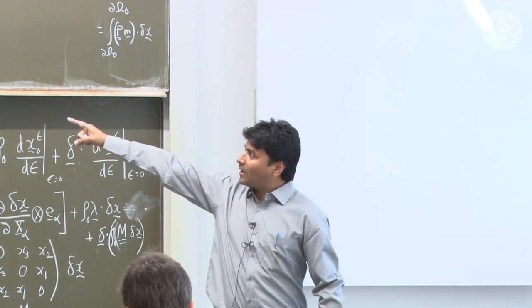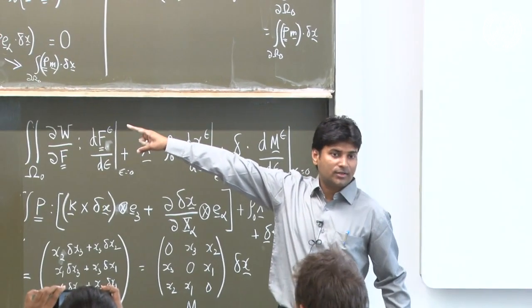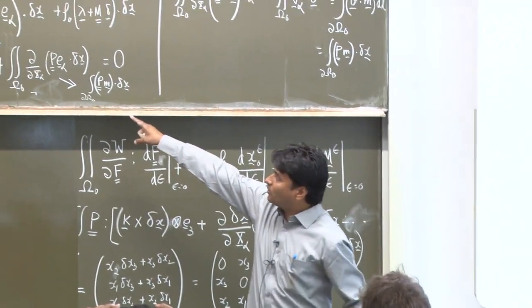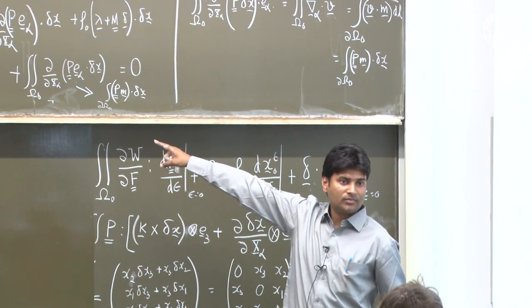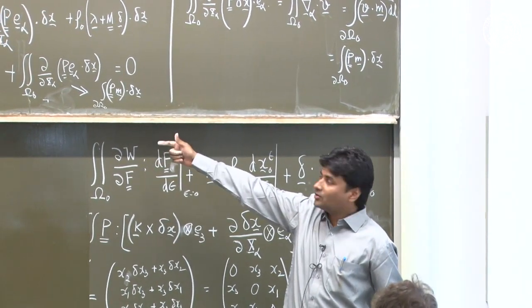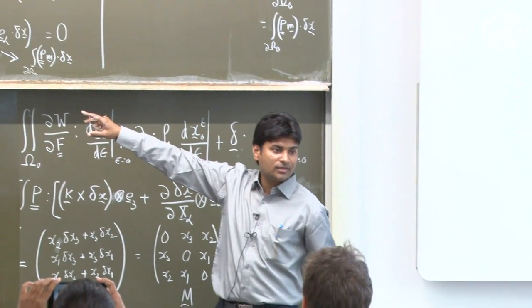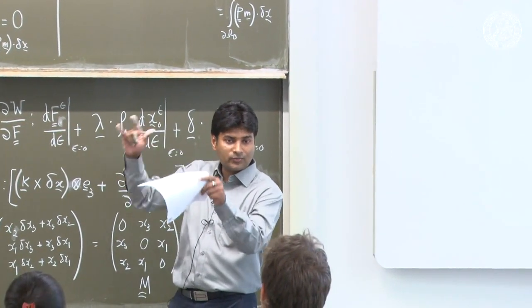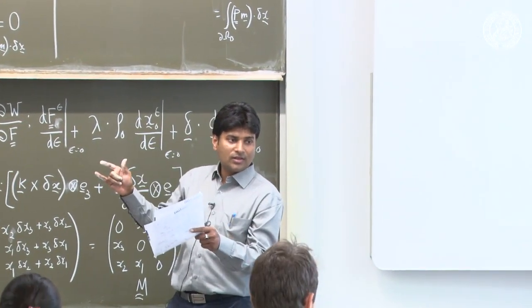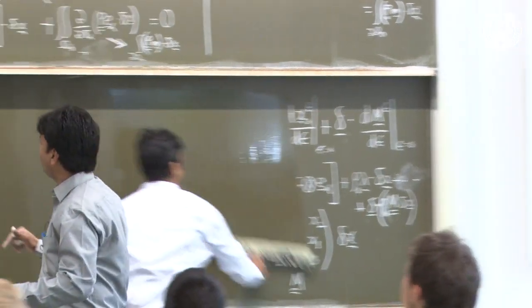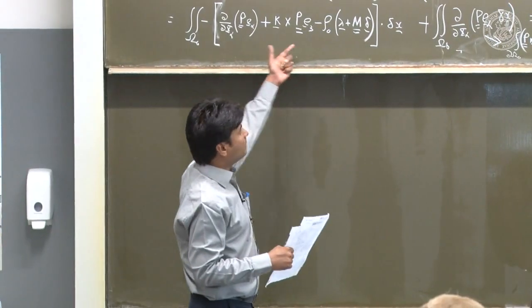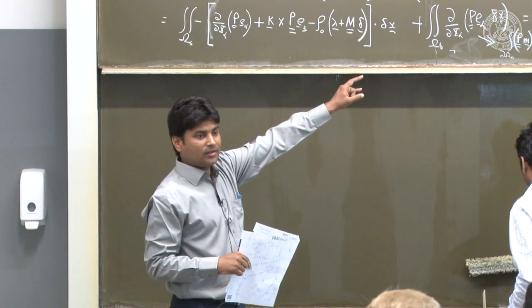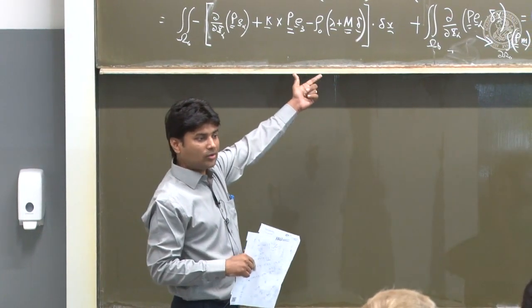So, look at, we have the first term over the cross section and the second term over the boundary, and you can vary your del x arbitrarily first within the cross section. So, basically the way to work out would be set both of them equal to 0, right. You have seen the argument in your continuum mechanics.